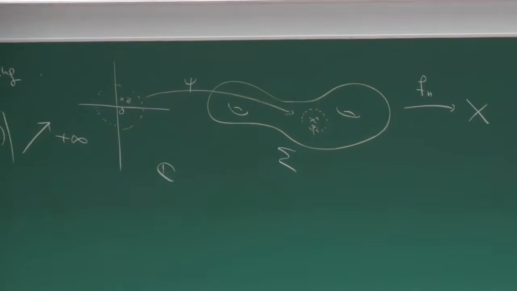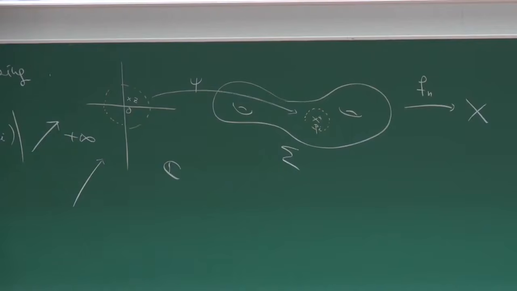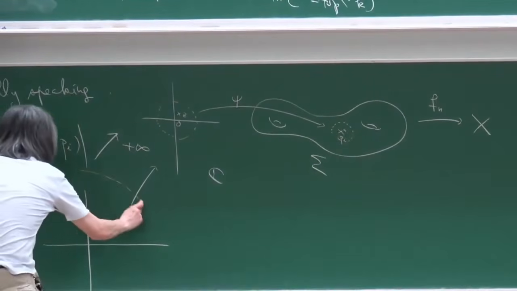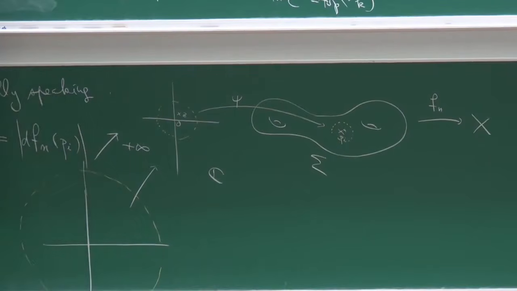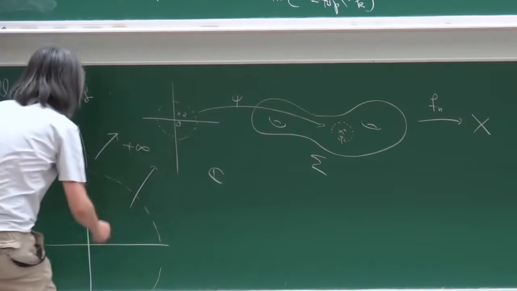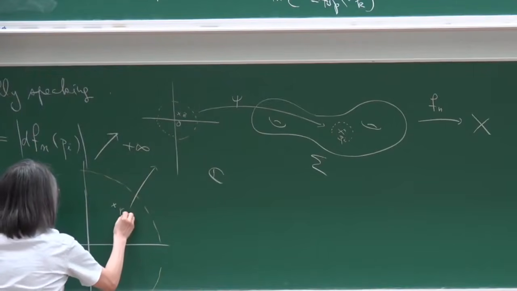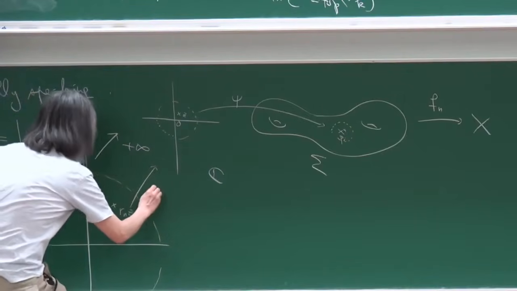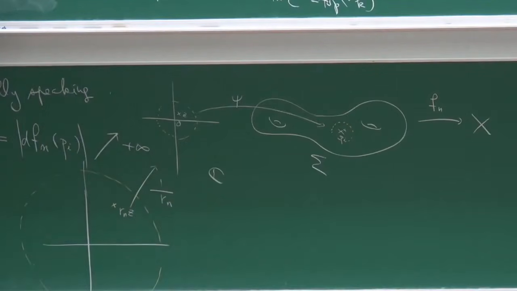Okay. But now I rescale the domain, maybe like this, so that now I have a point z, which is something like R_n z. So this is actually a map like multiplication by 1 over R_n.